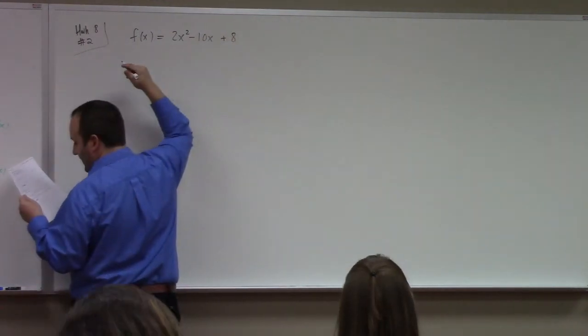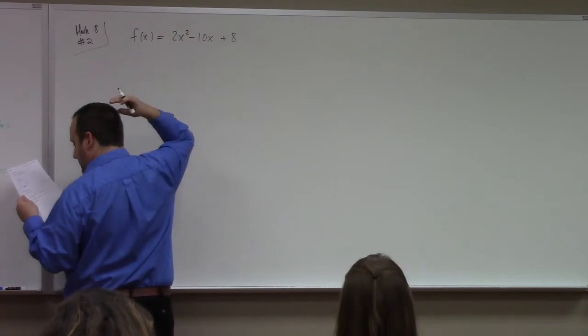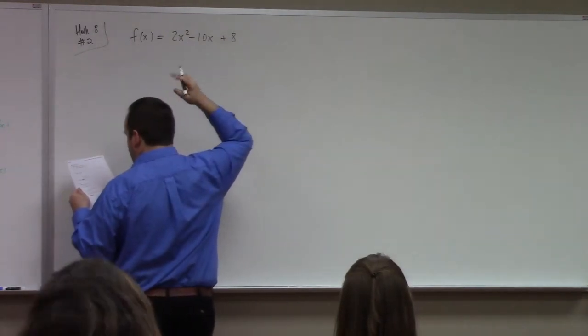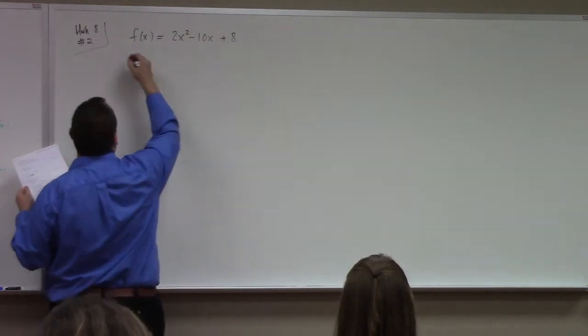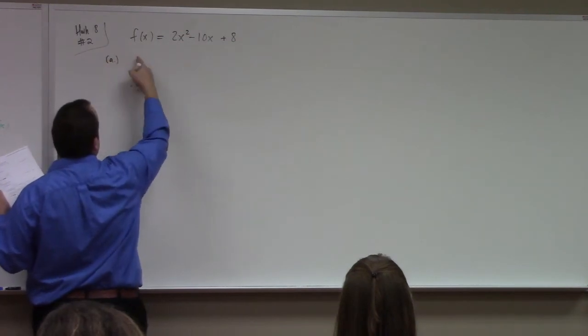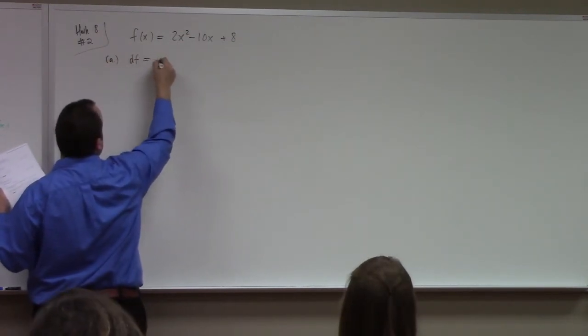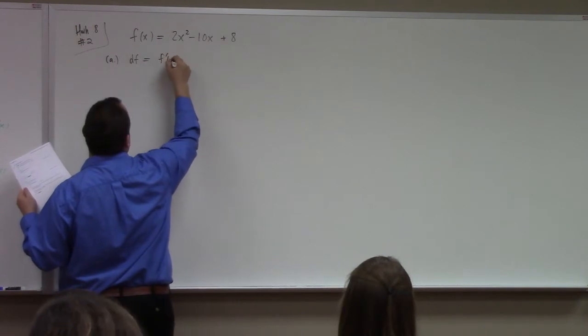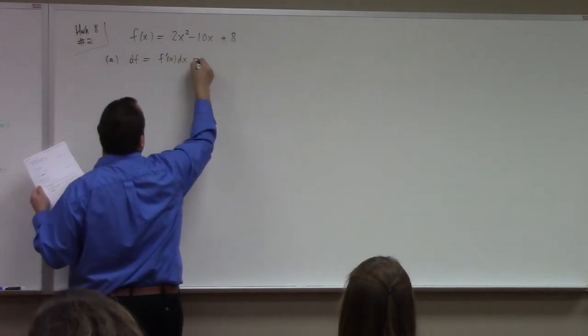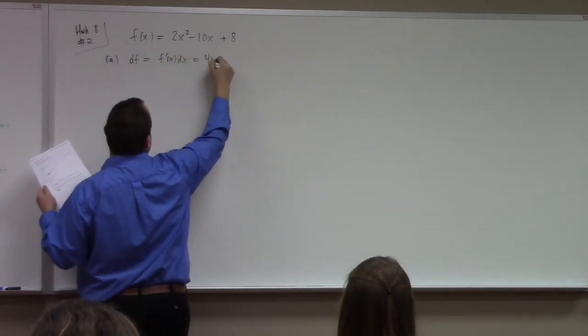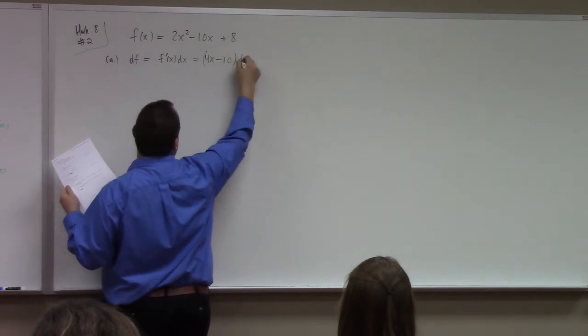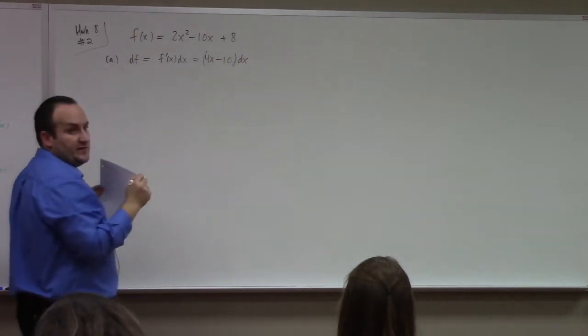I'm asked to calculate the differential and then to use it to approximate dy and change in y. So df is equal to f prime of x dx. So what is that? Well, 4x minus 10 dx. So there's the differential. That's part A.